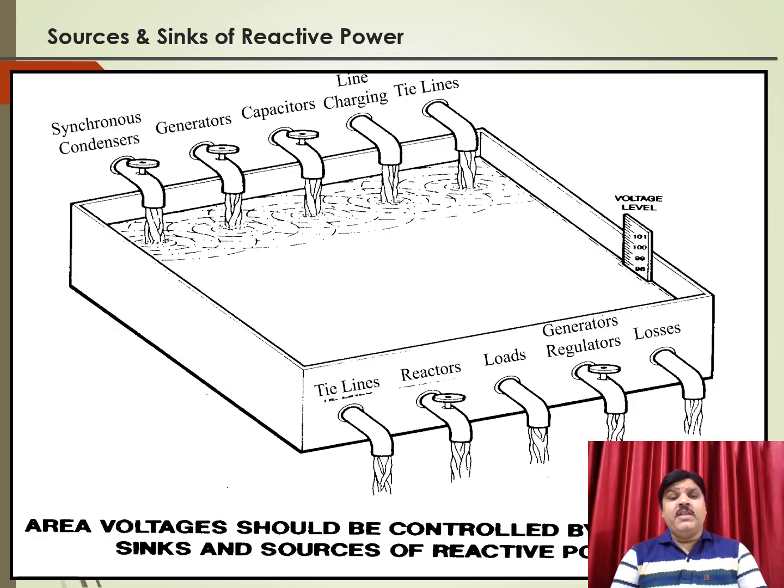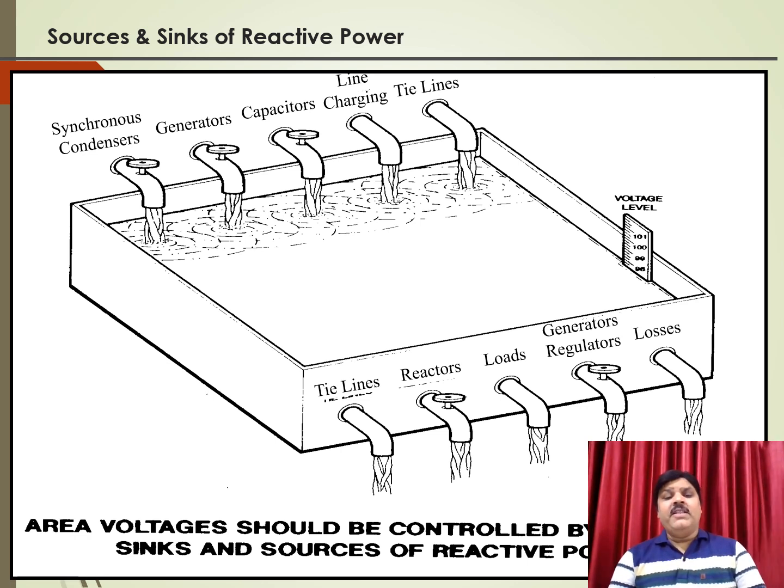Now we can see in the picture that there are reactive power sources and reactive power sinks. The reactive power sources are synchronous condensers, generators, capacitors, line charging and tie lines. Synchronous condensers or synchronous motors are basically hydro generating stations which can be used as a load or as a reactive power generator also, and similarly all generators can generate reactive and active power simultaneously.